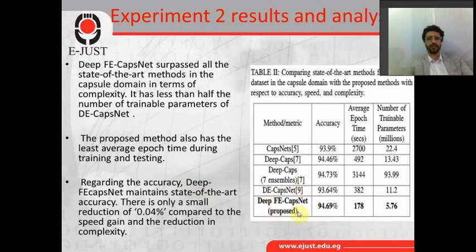Now, regarding the results and the comparison between the proposed method and the other capsule domain methods, as we see, the accuracy also here comes in the second place after the deep capsules method, but it also still excels in the speed and in the reduced complexity measured by the number of trainable parameters here.